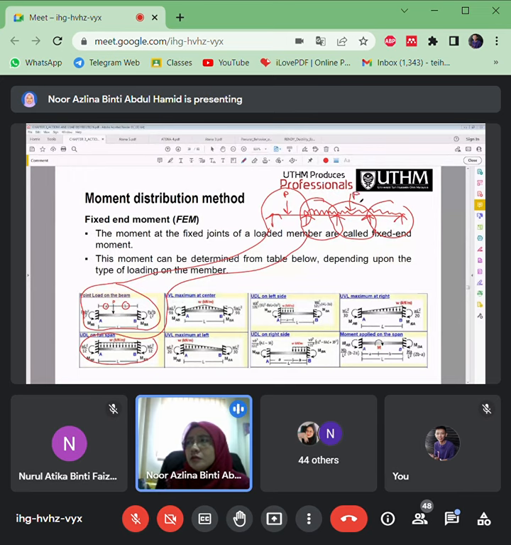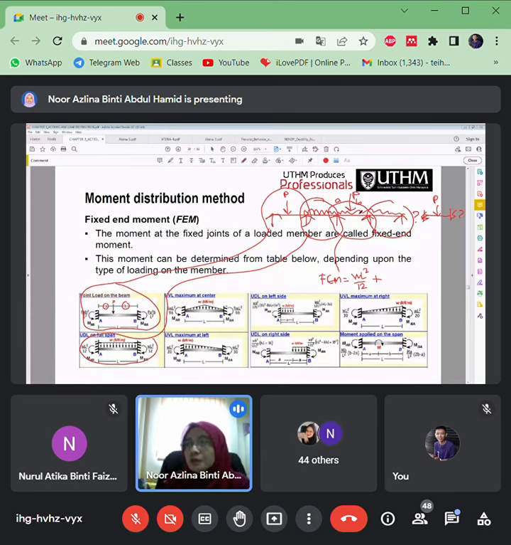So how to calculate the FEM? It is the same basic thing, the combination. We have the FEM equal to WL power of 2 divided by 12, plus maybe a point load that is not eccentric here. There are other cases where the load is exactly at the centroid, so you have to find what the equation is if the point load is exactly at the center of the span.